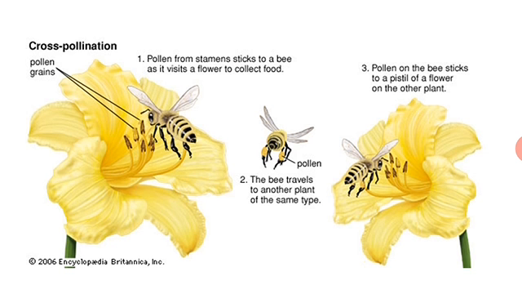Later on, the bees will travel to another plant of the same type, and the pollen on the legs of the bees sticks to the pistil of a flower on the other plant. So there is cross-pollination with an agent. The agent is the bee. So that is what we call cross-pollination.